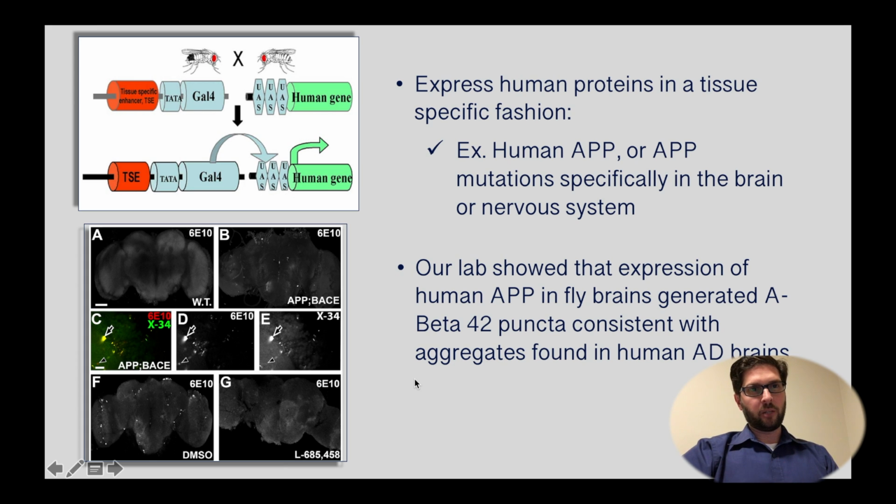We can feed these animals drugs which specifically block the formation of the amyloid beta plaques, and we can see that animals fed on that drug, illustrated here, have a significantly decreased number of puncta as opposed to control animals that are not fed on that drug.